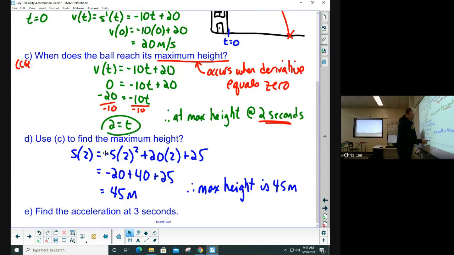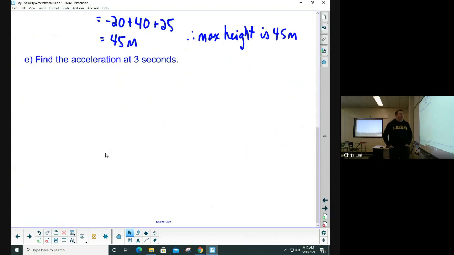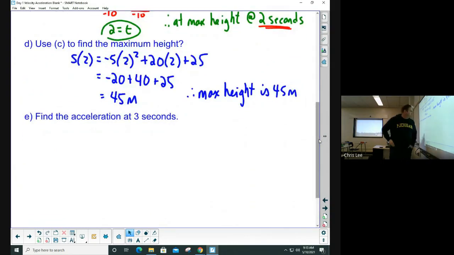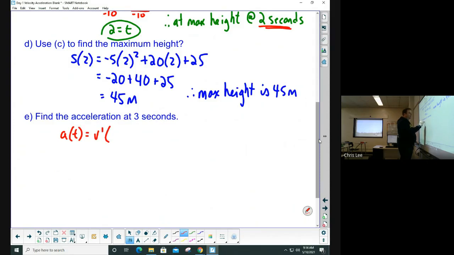And then the last part of this question asks us to find the acceleration at 3 seconds. Acceleration is the derivative of the velocity function, or the second derivative of the distance function.